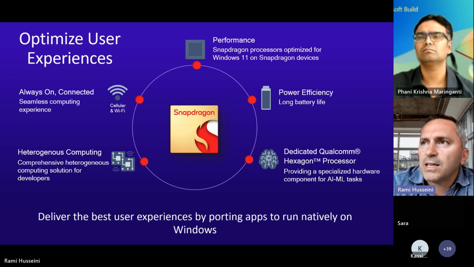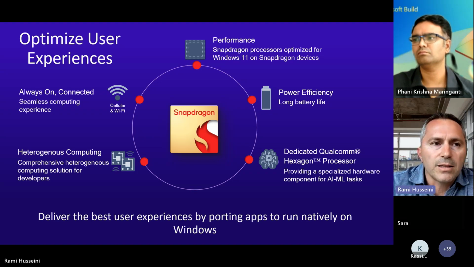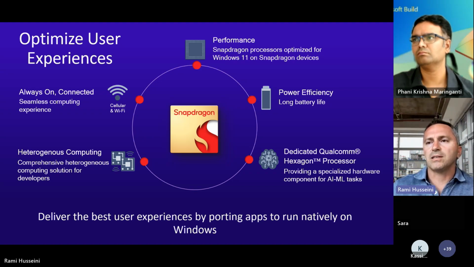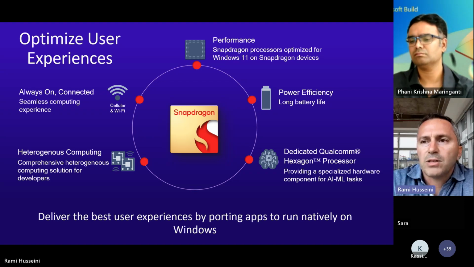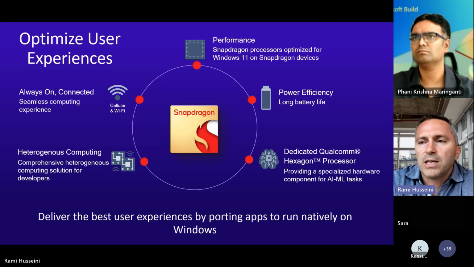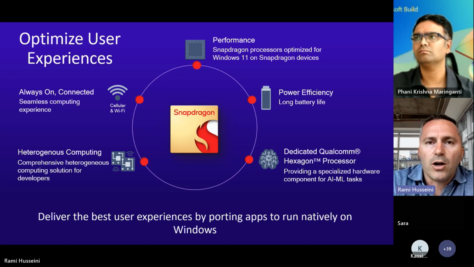One of the exciting demos that we'll have at our booth today at the Microsoft Build Conference is around Stable Diffusion. If you're not familiar with that, it's a generative AI model where you input a text prompt, and based on the text prompt, it will actually generate an image on the device.